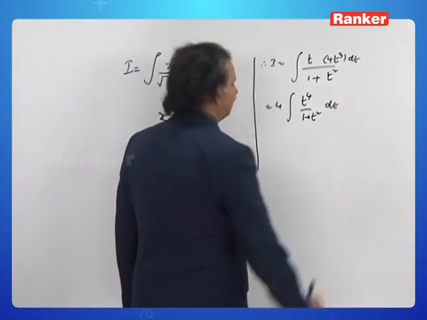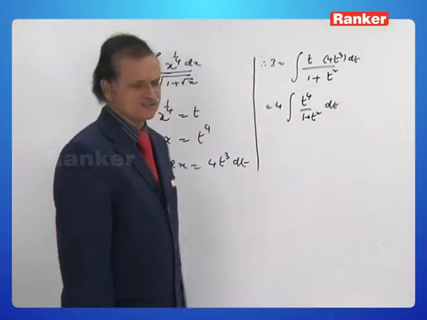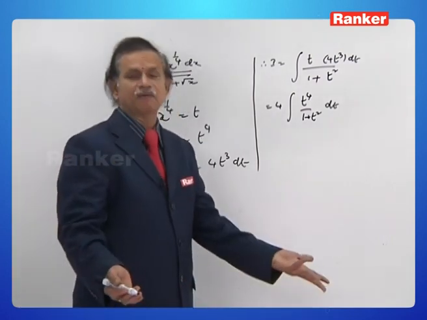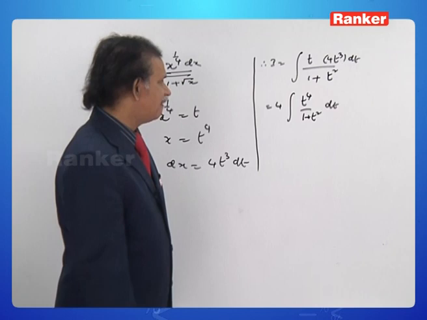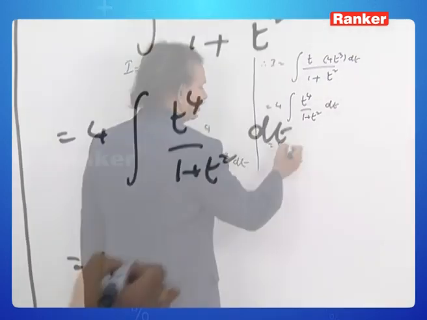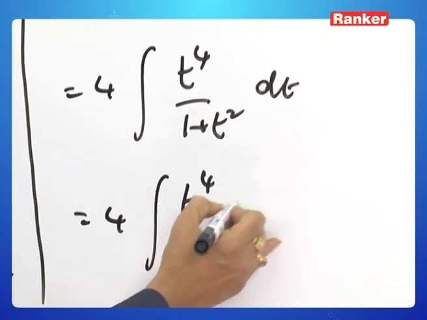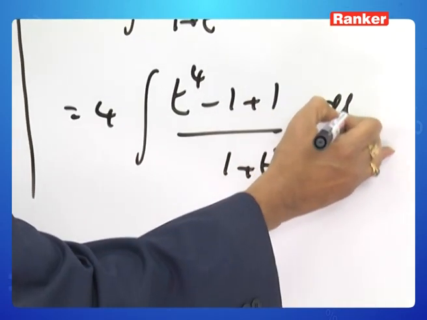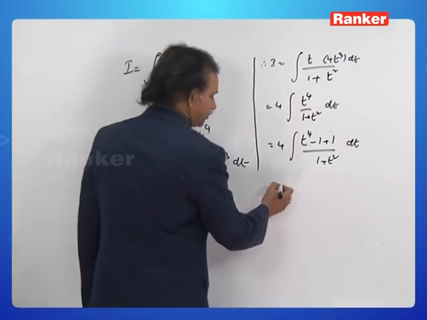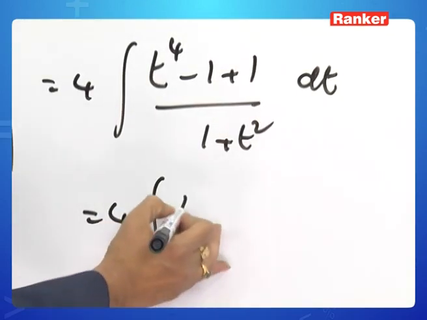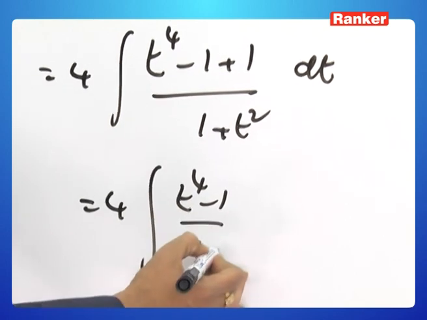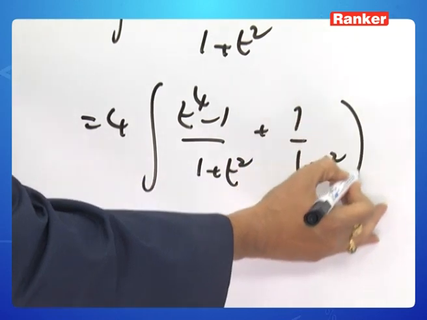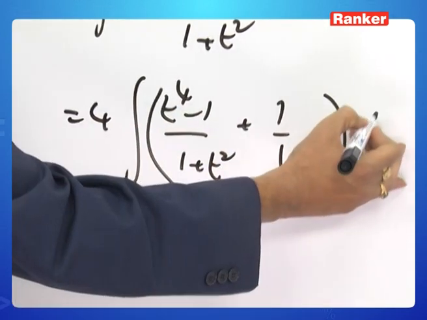Well, my dear, you can use whatever procedure you like. There are so many procedures. You can divide t power 4 by 1 plus t square, or another is equal to 4 into t power 4 minus 1 plus 1 by 1 plus t square. Again, this can be split into two integrals, namely 4 into t power 4 minus 1 by 1 plus t square plus 1 by 1 plus t square dt.